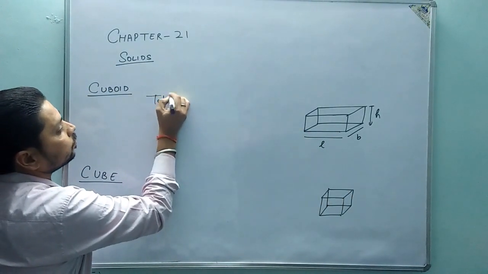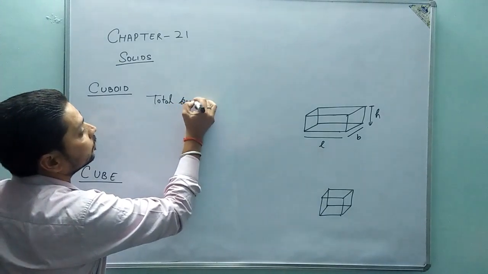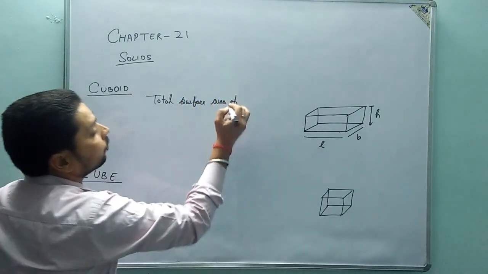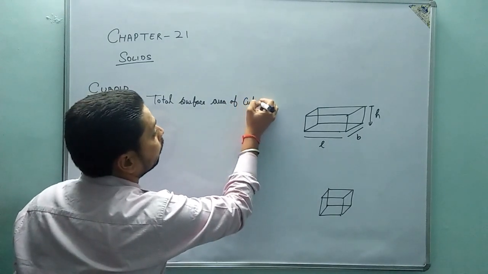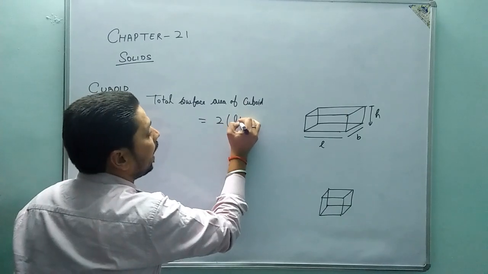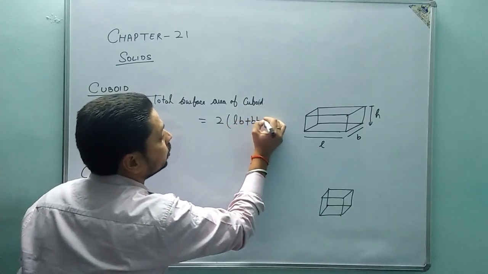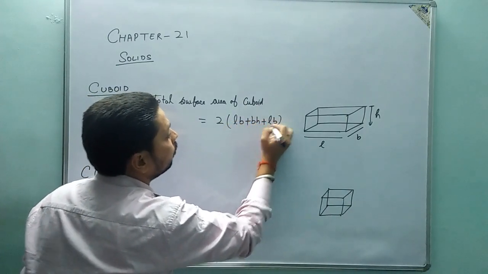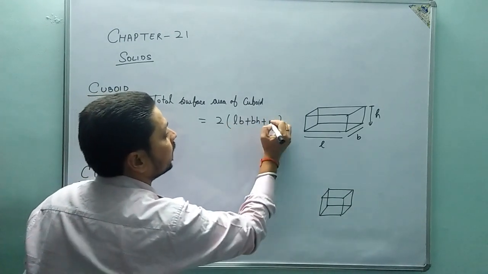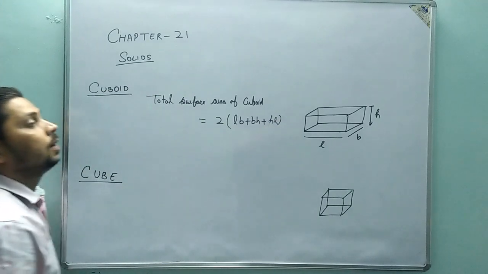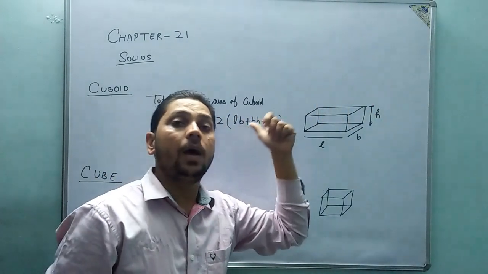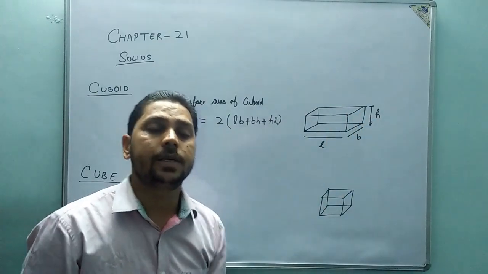Total surface area of cuboid is equal to 2 into (LB plus BH plus HL). This is the total surface area, the sum of the area of all six rectangles.